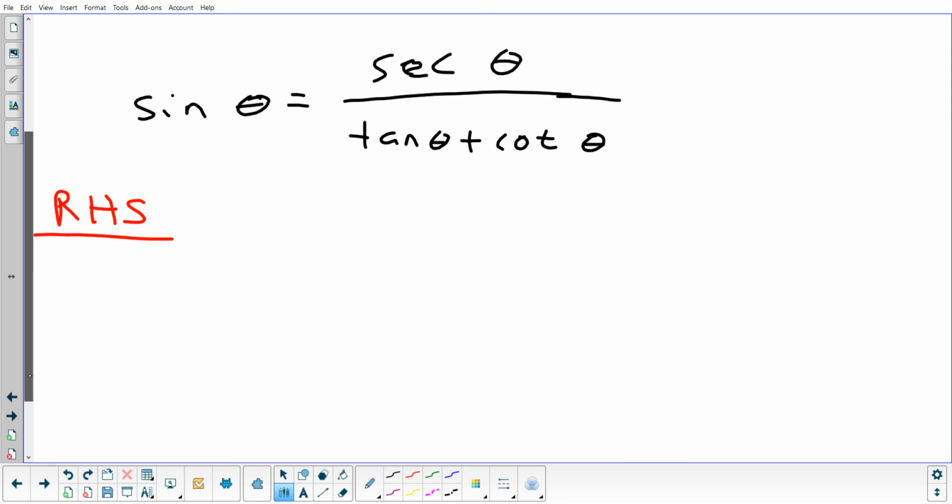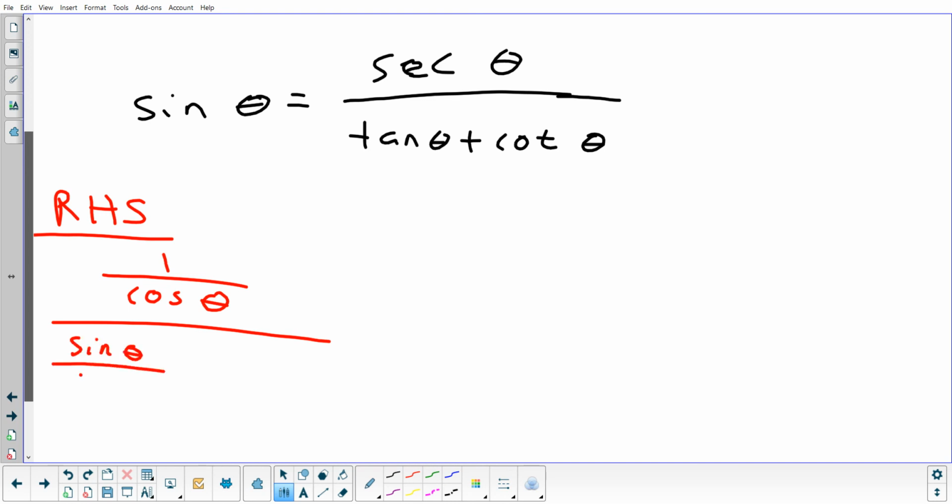So if we start with the top, that's 1 over cosine. And the bottom, well, tangent is sine over cosine. And cotangent is cosine over sine.